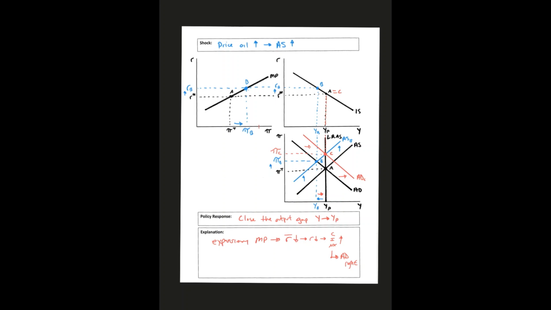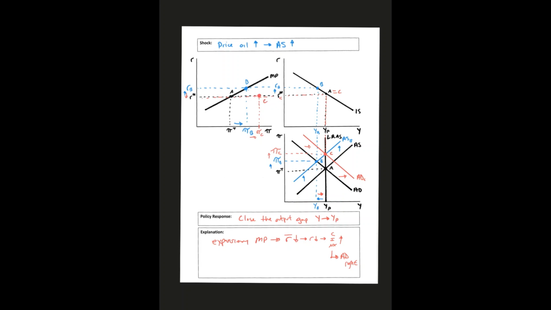However, we do know over here on the left that inflation has to go up, right? Because we saw an increase in inflation, so we have to show that on the MP curve as well. So this ends up being our point because we'll see R come back down. So this point right here has to be point C.